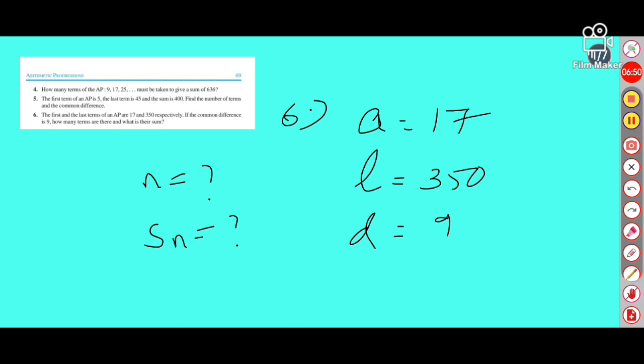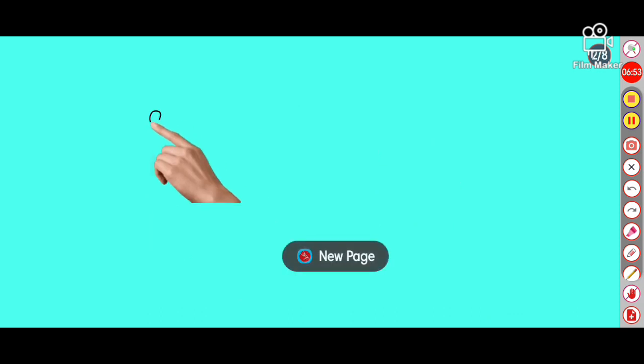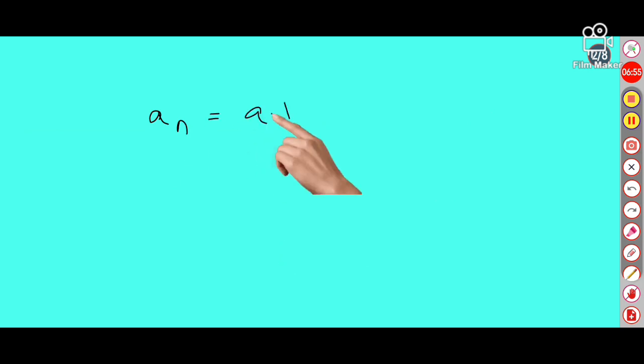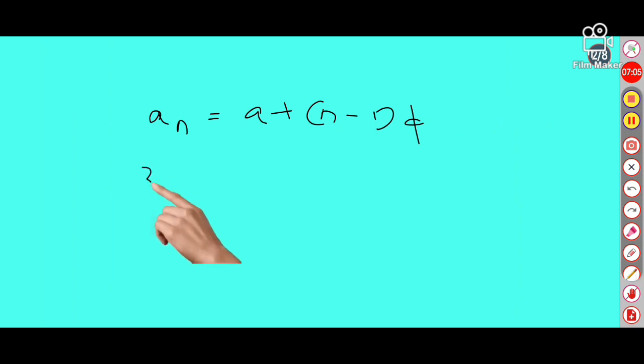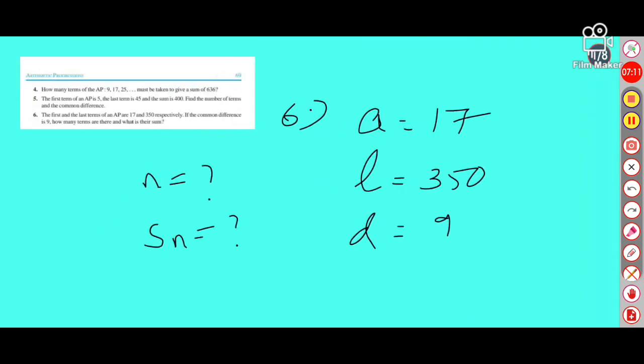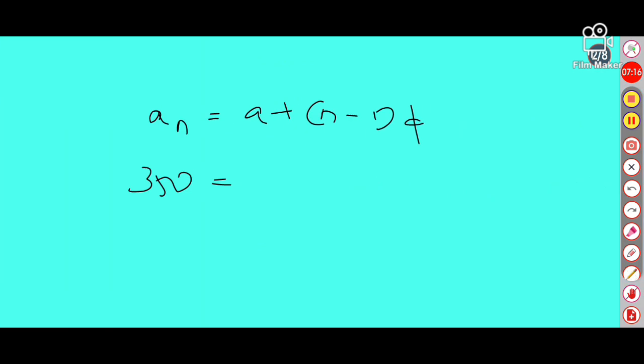So L and An both are same. So An equals A plus n minus 1 into D. With this we can find the value of n. An, that is 350, equals 17 plus n minus 1 into 9. Then with this we can find the value of n, right?